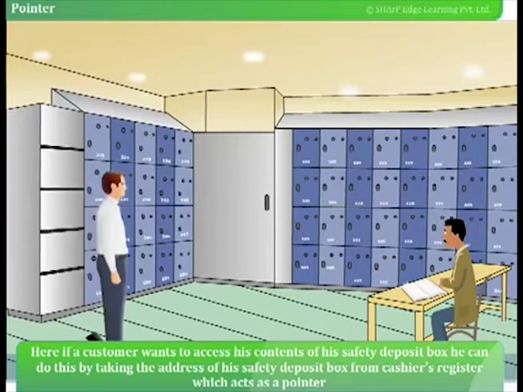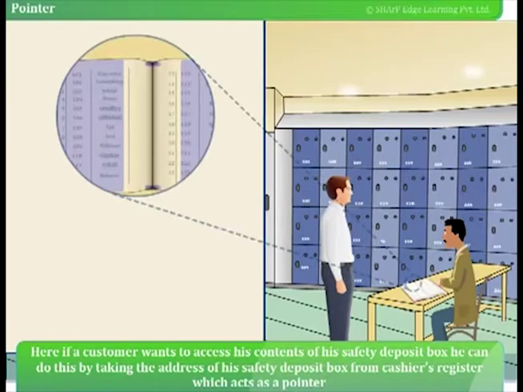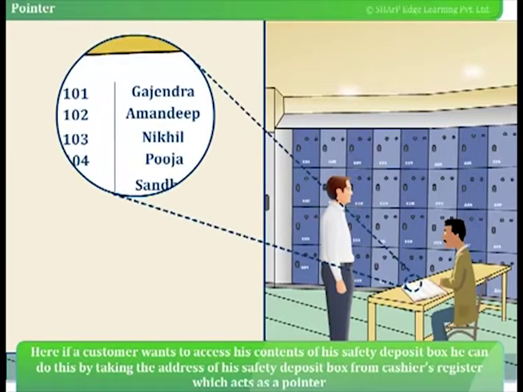Here, if a customer wants to access the contents of his safety deposit box, he can do this by taking the address of his safety deposit box from the cashier's register, which acts as a pointer.